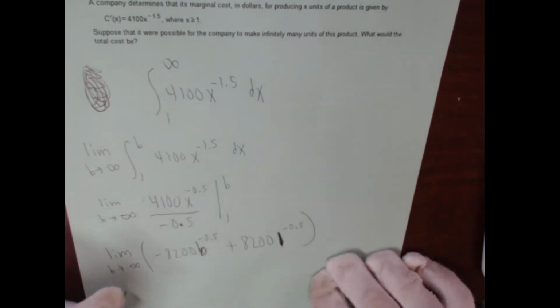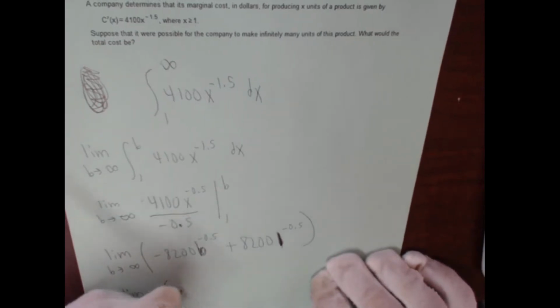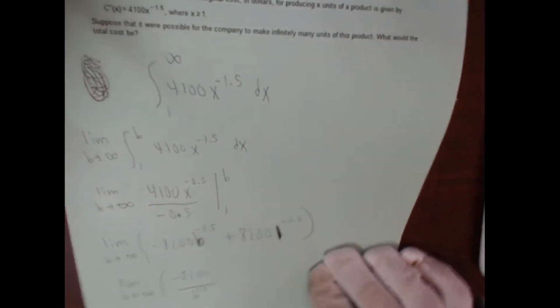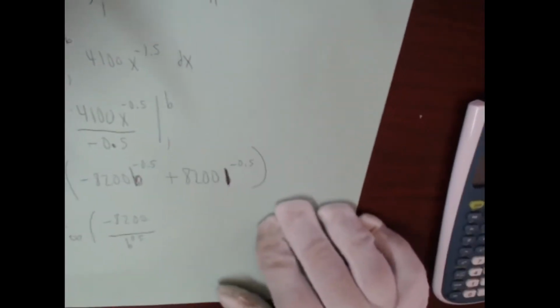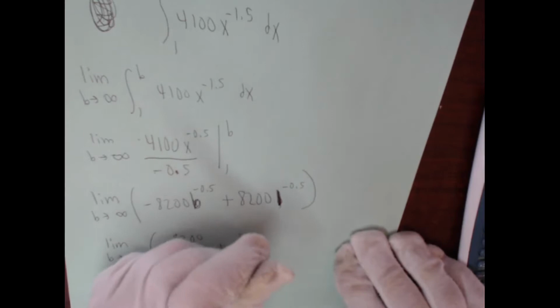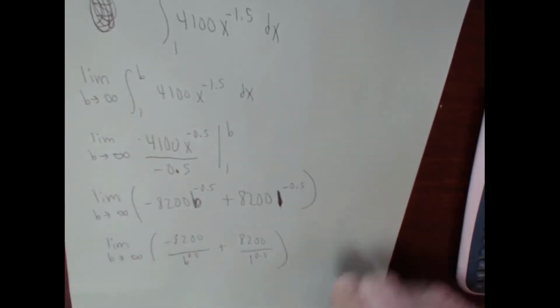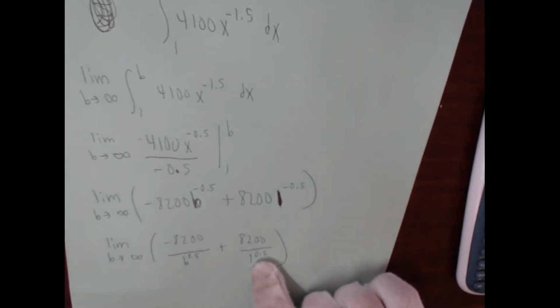All right, before we take the limit, let's rewrite this. So this will be negative 8200 divided by b to the half, which is the same thing as the square root of b, plus 8200 divided by 1 to the 0.5, which is the same thing as the square root of 1.